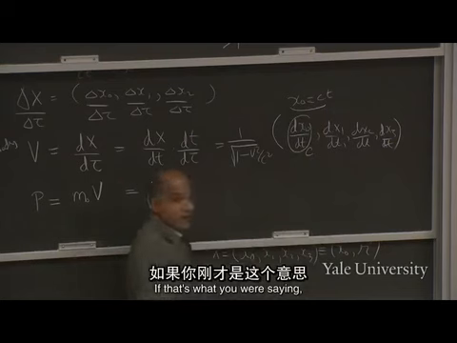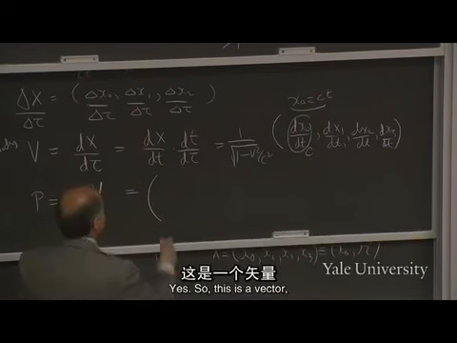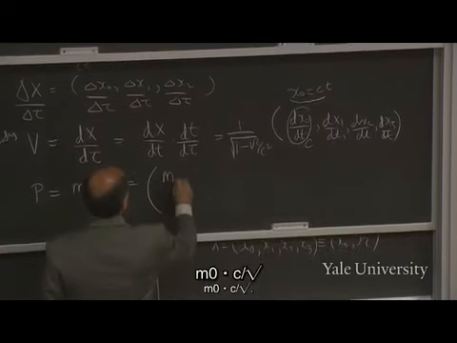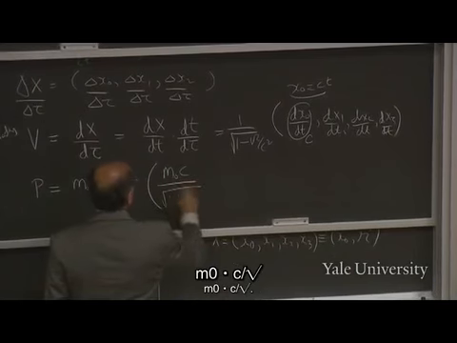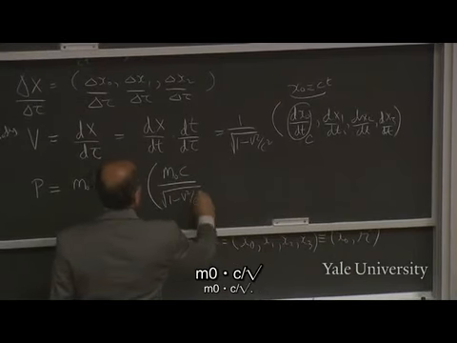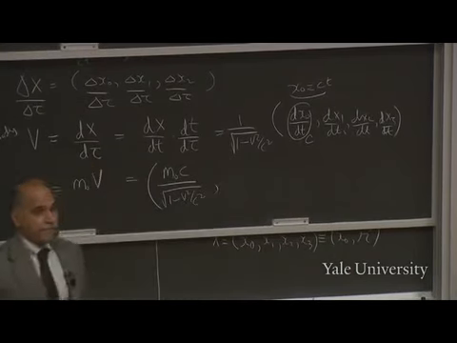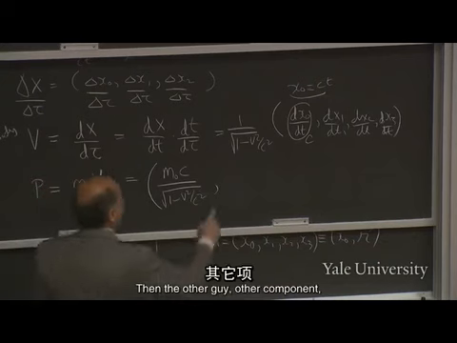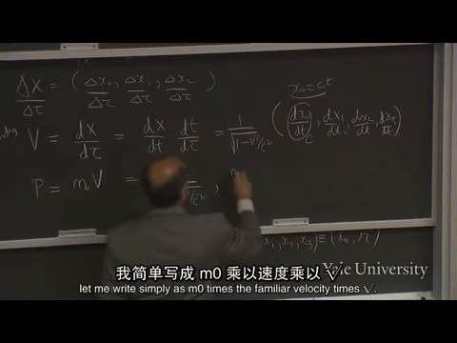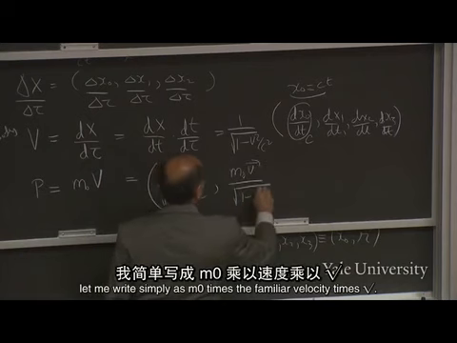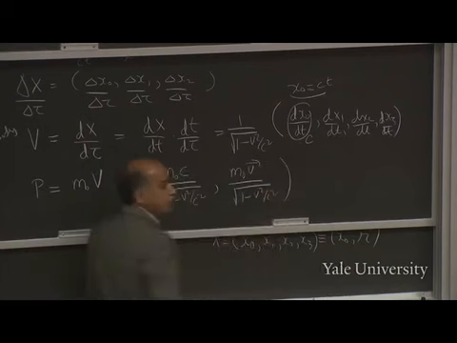If that's what you were saying, I agree with you. So this is a vector m0 c over square root of 1 minus v squared over c squared. Then the other component, let me write simply as m0 times the familiar velocity over square root of 1 minus v squared over c squared.